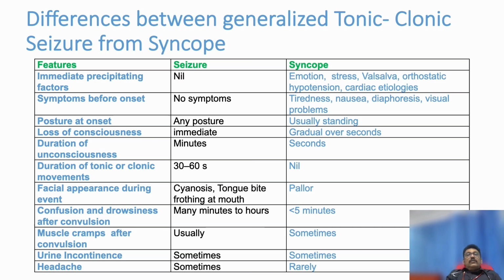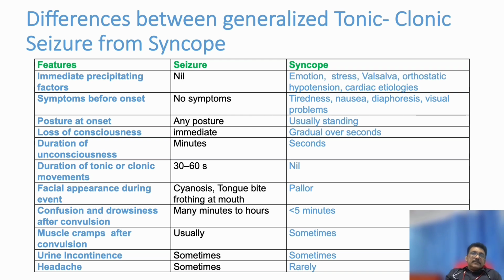Now, we should know the difference between seizure and syncope. If the patient is not having a witnessed attack of seizure or syncope, we will have difficulty as an emergency doctor to make a diagnosis. So a few things we have to be very careful about. One is, in syncope, the patient can feel it coming. Before the syncope, the patient can get an idea he is going to get some problem. He will have some lightheadedness, giddiness, vertigo-like features, and suddenly he loses consciousness.